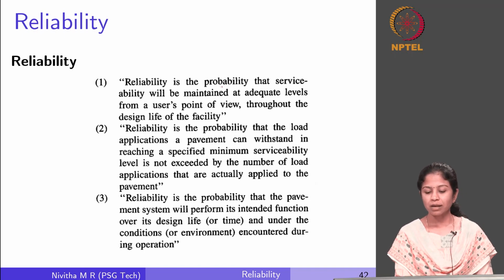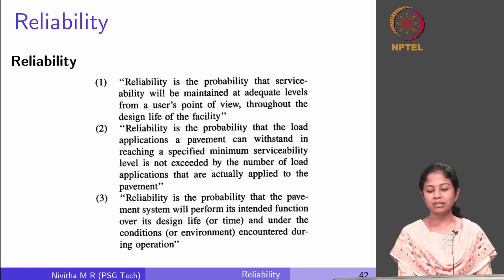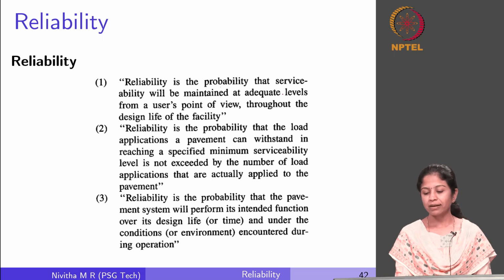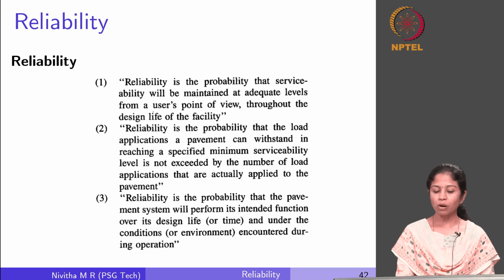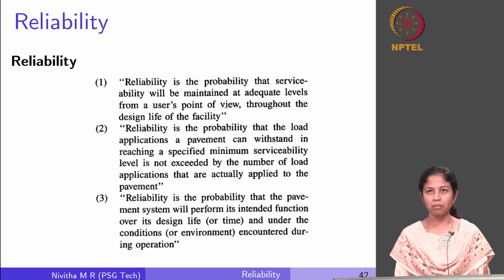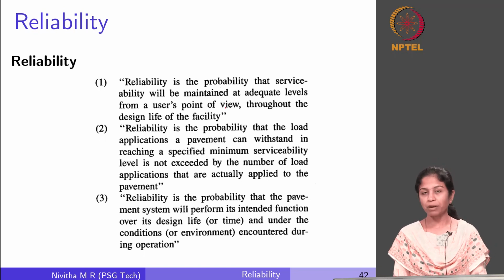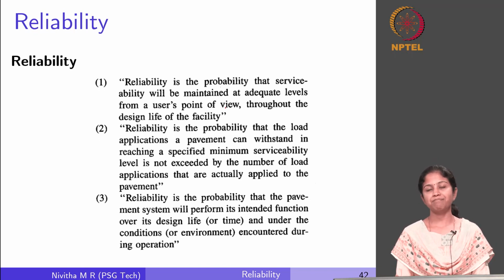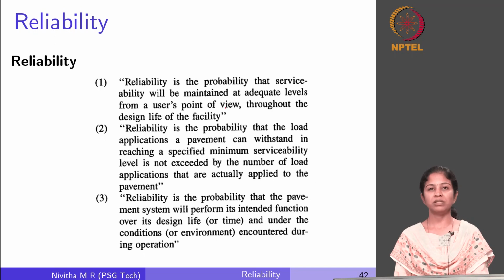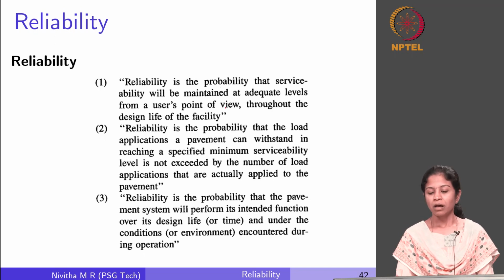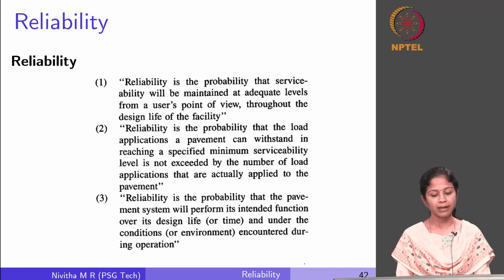The first one is the probability that serviceability will be maintained at adequate levels from a user's point of view throughout the design life of the facility. That is, what is the probability that the serviceability condition, which should be between P0 and PT, will be maintained at an adequate level from a user perspective, because this PSI value is given by a user traversing the pavement, throughout the design life of the facility.